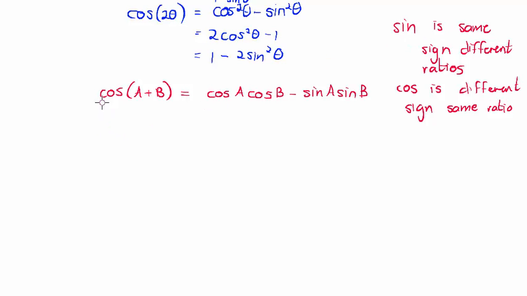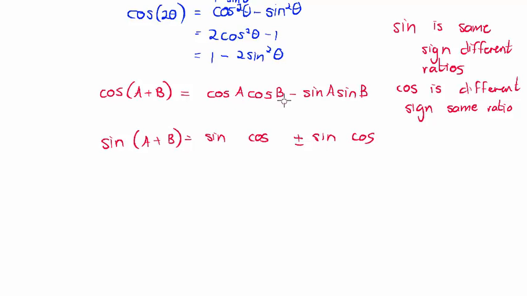So for example, sine of A plus B would have a plus, same sign, different ratios. In other words, it will start with sine, and it will have a sine and a cos, a sine and a cos. See? Same sign, different ratios. Cos is just the opposite. Different sign, same ratios.